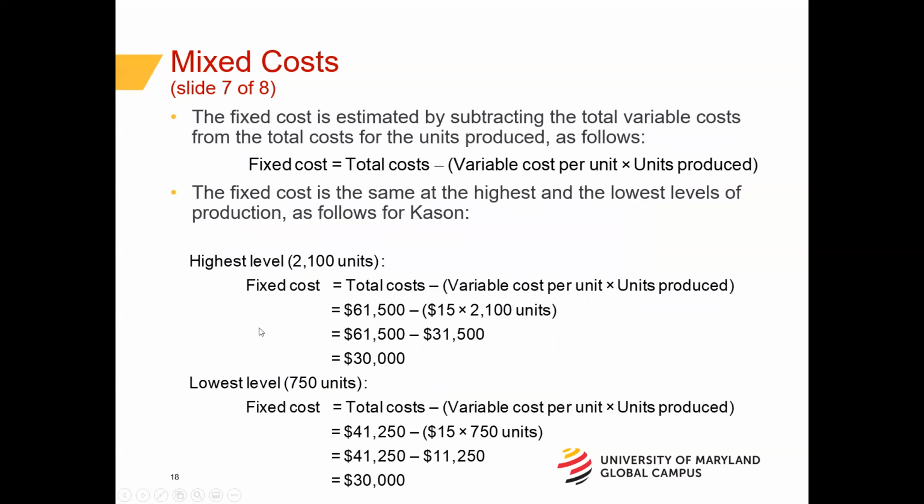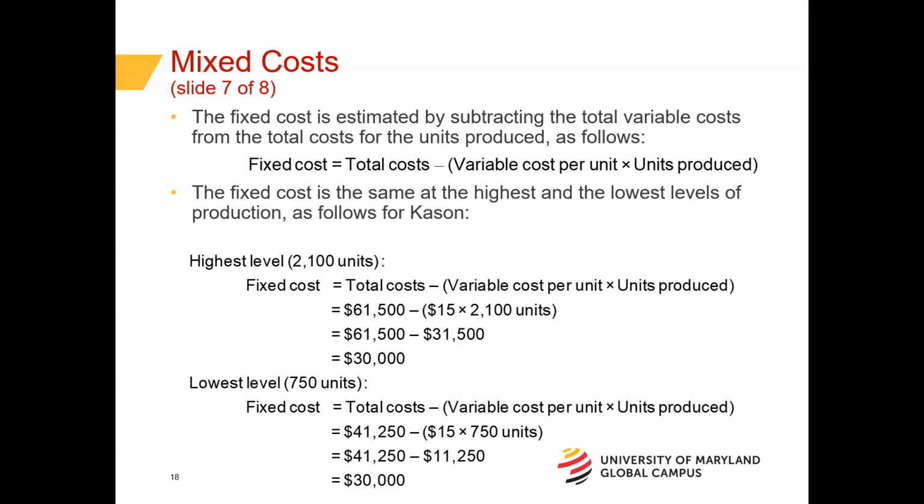Now that we found our variable cost per unit, we need to find our fixed cost using the same method. The fixed cost will be added to the variable cost to get a total cost per unit. Fixed plus variable equals mixed.